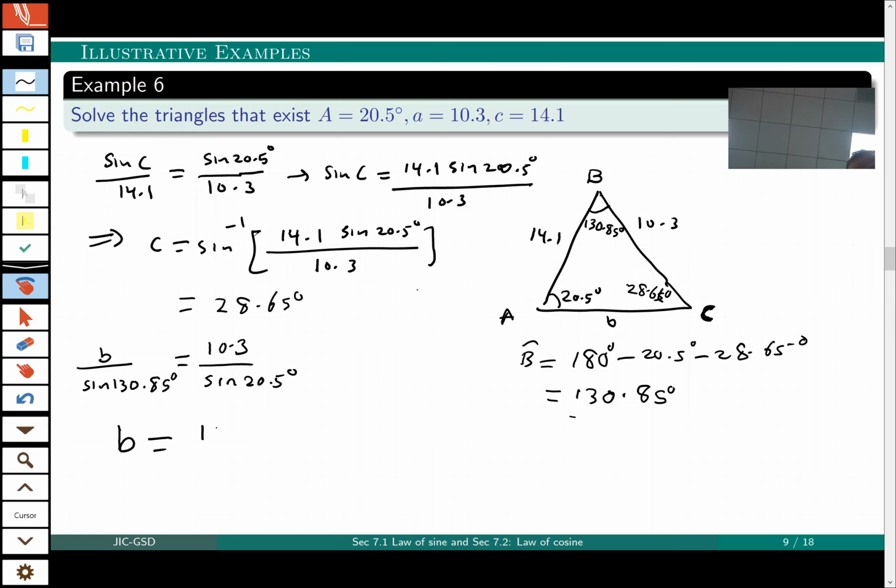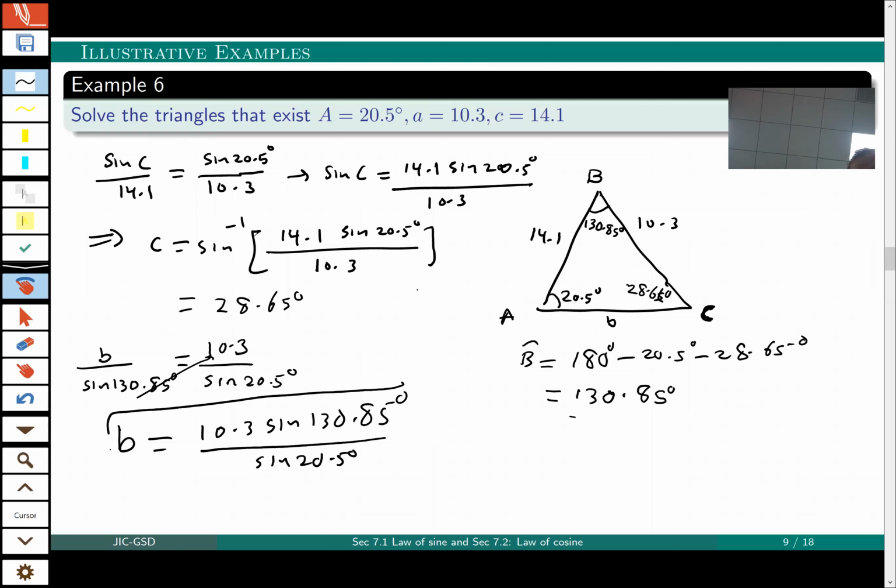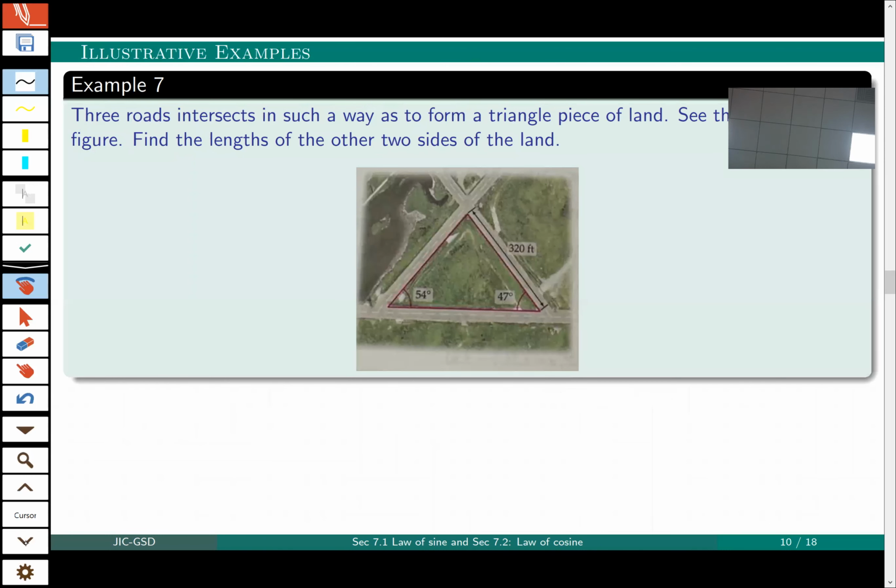So B will equal 10.3 times sine 130.85, so that's times that one, divided by sine 20.5 degrees. So that will be that one.